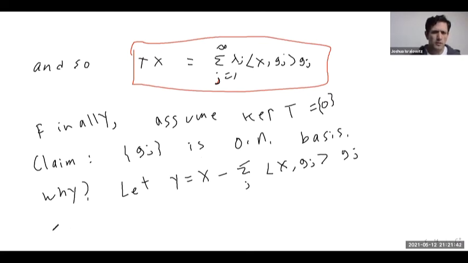So what is Ty? Well, T g_j is lambda_j g_j.